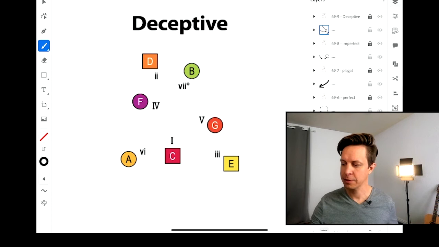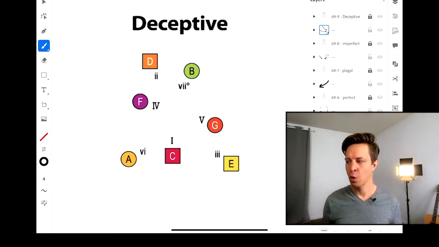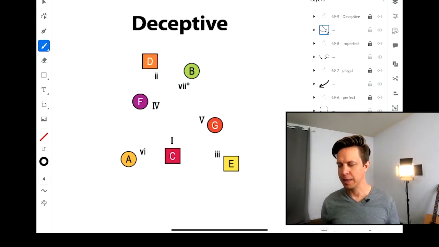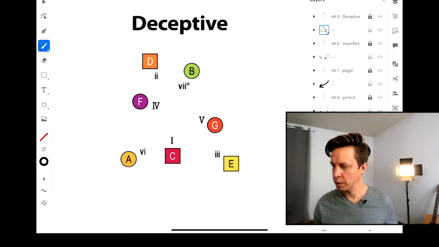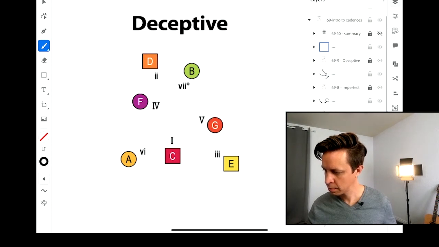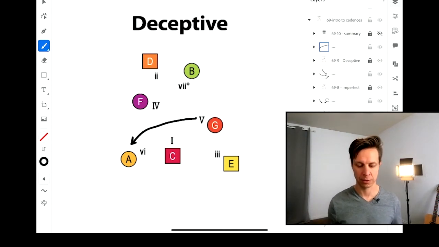Then the last cadence we're going to look at is the deceptive cadence, or it's sometimes called the interrupted cadence. And it's kind of like the pump fake of chord progressions, in that we go from the 5, and it sounds like it's going to want to go to C, and it overshoots the mark and goes to the minor 6.